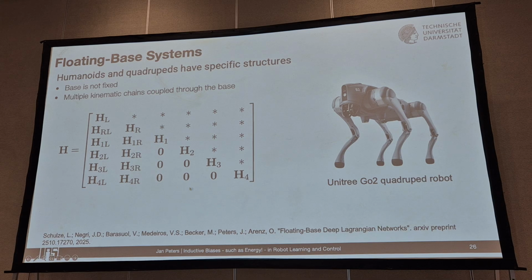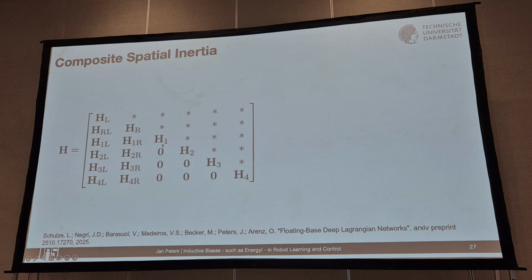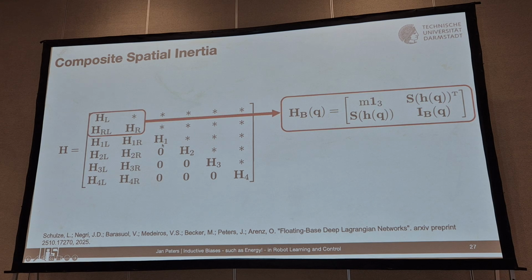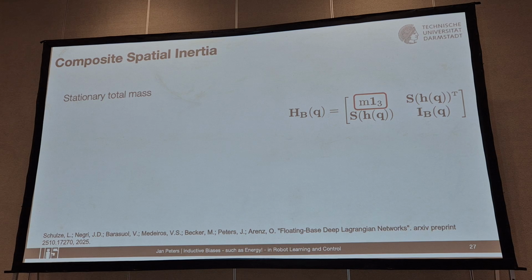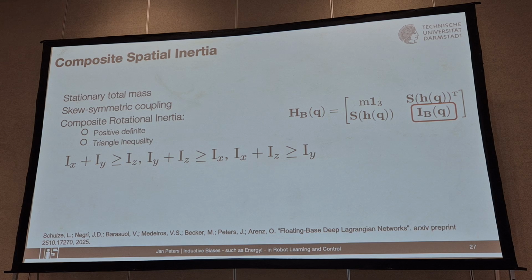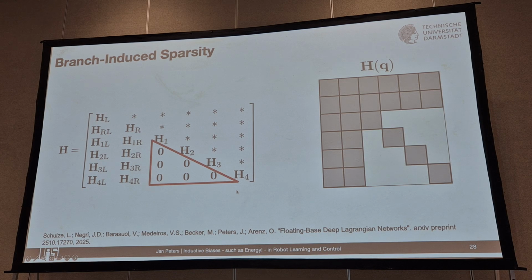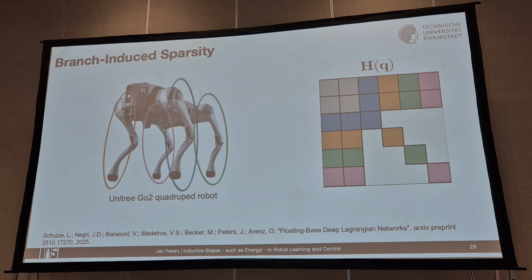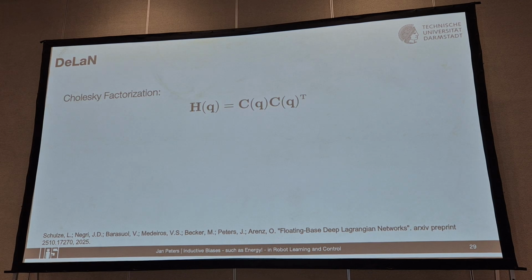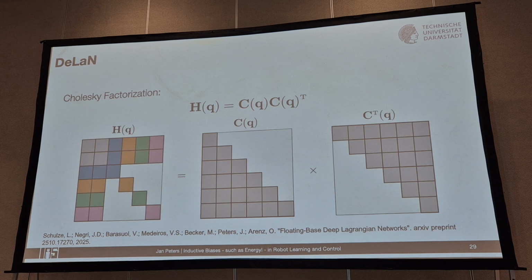What he ended up doing was realizing that there is a stationary component with stationary masses in there, which wouldn't change, some skew-symmetric coupling, and compositional rotational energy. If you bring all of this together and use this triangular structure on the zeros, you get an intuitively nice-looking inertia matrix with components that can be nicely interpreted, and which also facilitate learning them.